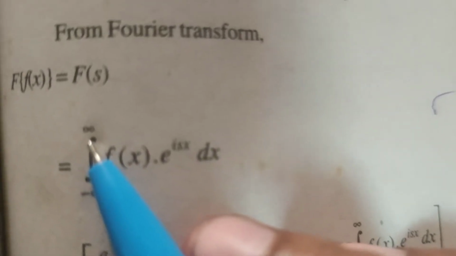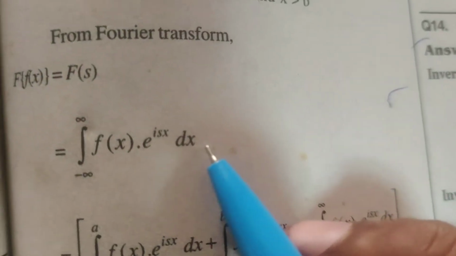Now write the Fourier transform of the function: the integral from minus infinity to plus infinity of f(x) e^(isx) dx.